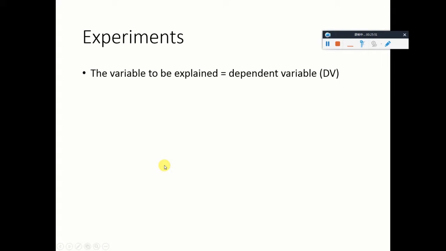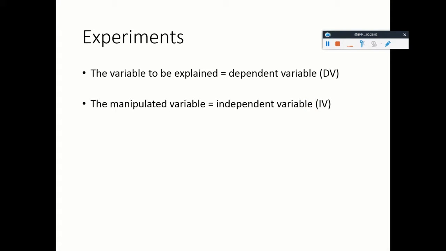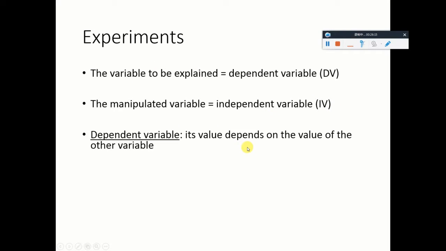Okay, so we just said the variable to be explained we call dependent variable, or DV as a shorthand, and the variable that is manipulated and represents the presumed cause we call independent variable, or IV. So you might wonder why we're calling these variables these names. The reason is this.